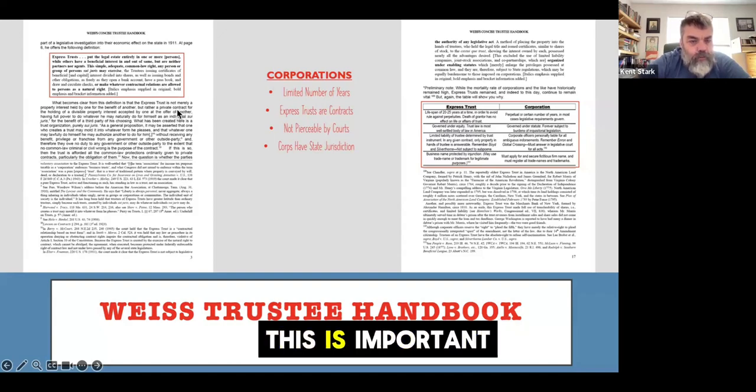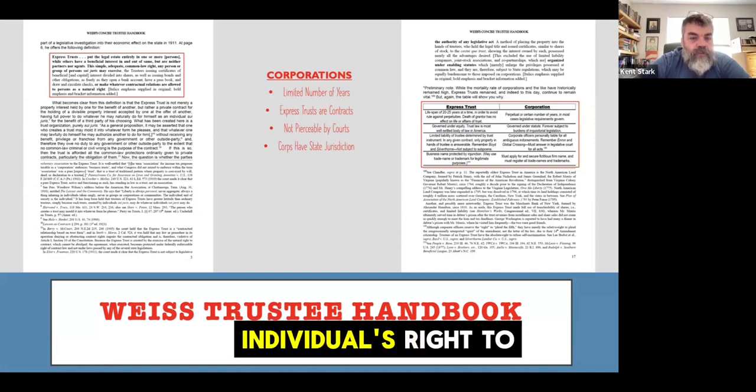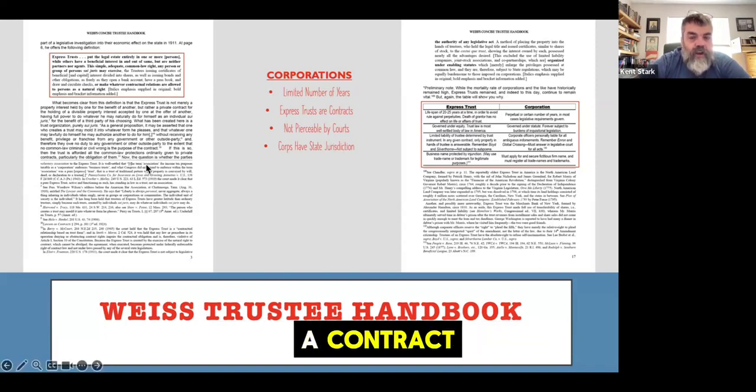The reason this is important is that in the Constitution, Article 1, Section 10 says let no state interfere with an individual's right to common law contract. A statutory trust is not a contract. It is written under the state statutes or the legal definition.